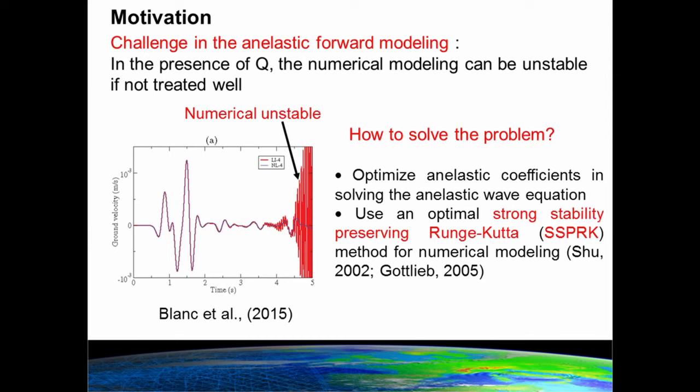To solve the problem, we optimize the anelastic coefficients in solving the anelastic wave equation. We also use an optimal strong stability preserving Runge-Kutta method, named the SSPRK in short, for the numerical modeling.